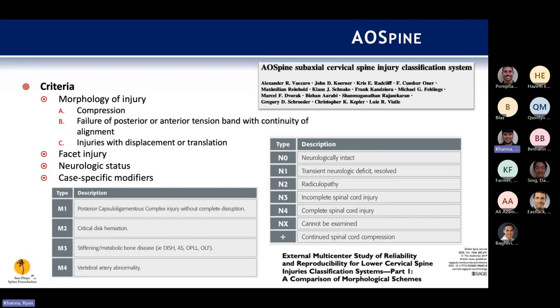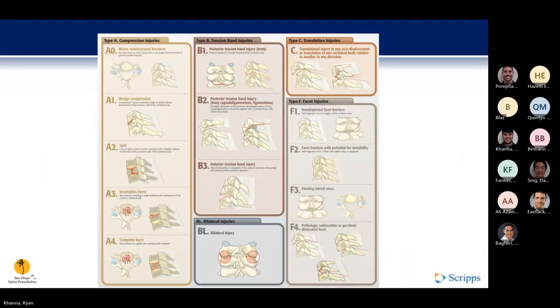And then case-specific modifiers, looking at things like critical disc herniation, or if they had a stiffening or metabolic bone disease like DISH or ankylosing spondylitis. And it showed that compared to the SLIC, it had increased reliability among users.